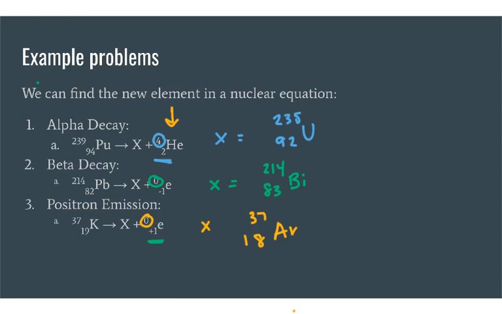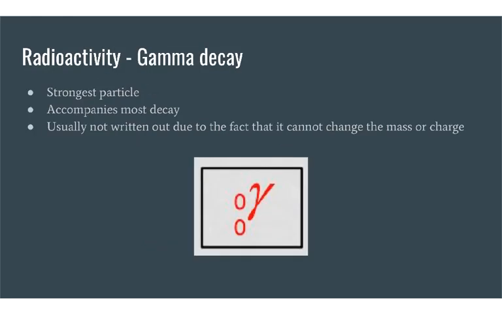So if we look at our last one, we have gamma decay. This is our strongest particle. It is usually accompanying most forms of decay. And we don't typically write out the reaction because if you look at our gamma symbol down here, we have a 0 and a 0. So it cannot change the mass or the charge, so we don't typically write it out.